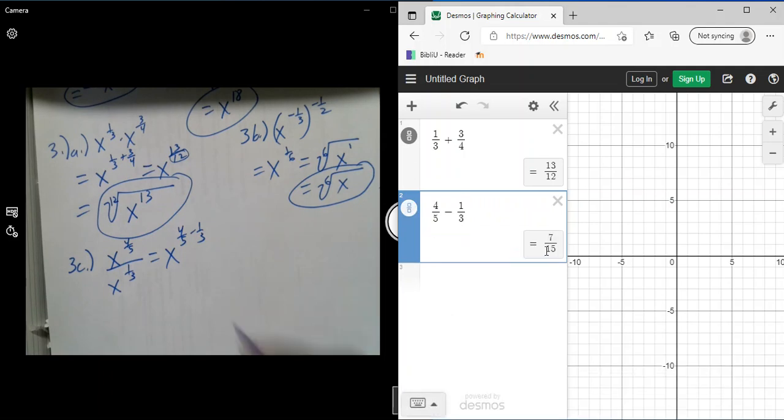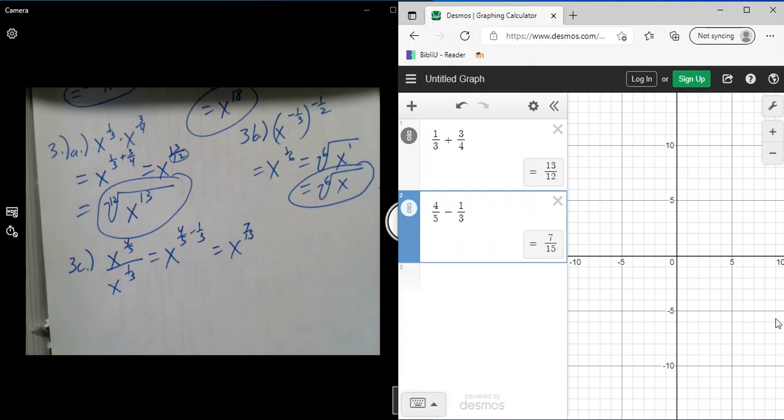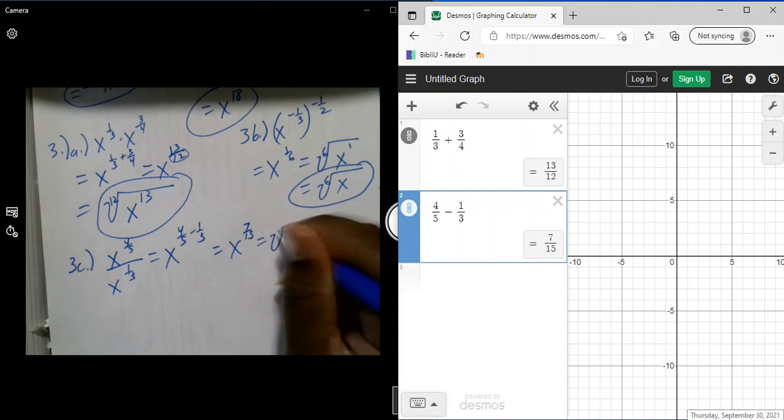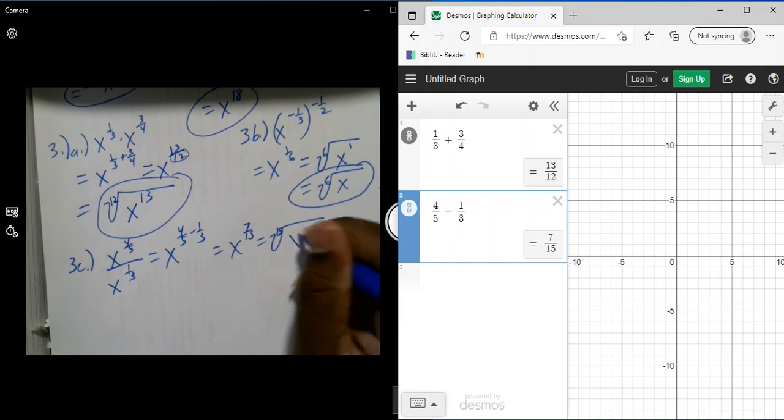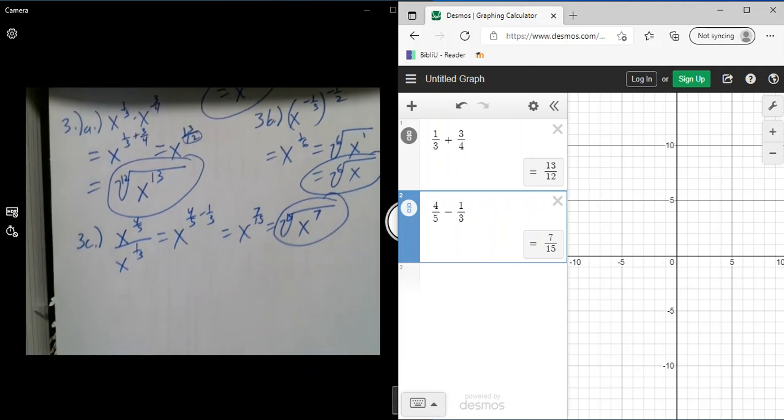Hit our fraction. So this would be x to the 7/15 power. Now as a radical, this would be the 15th root of x to the 7th power.